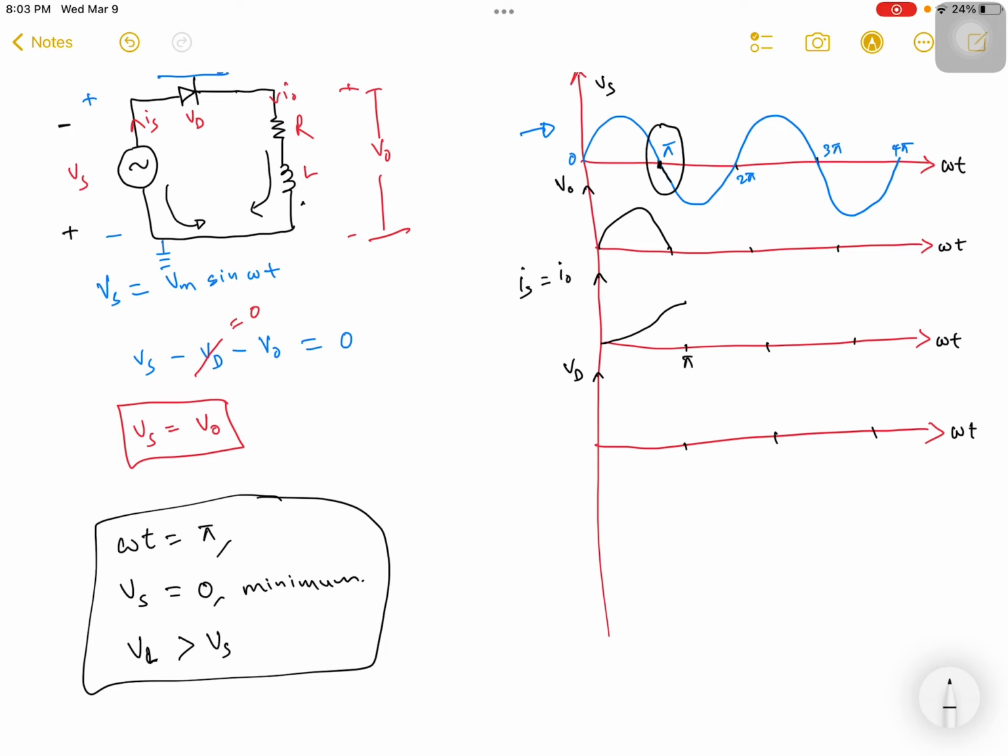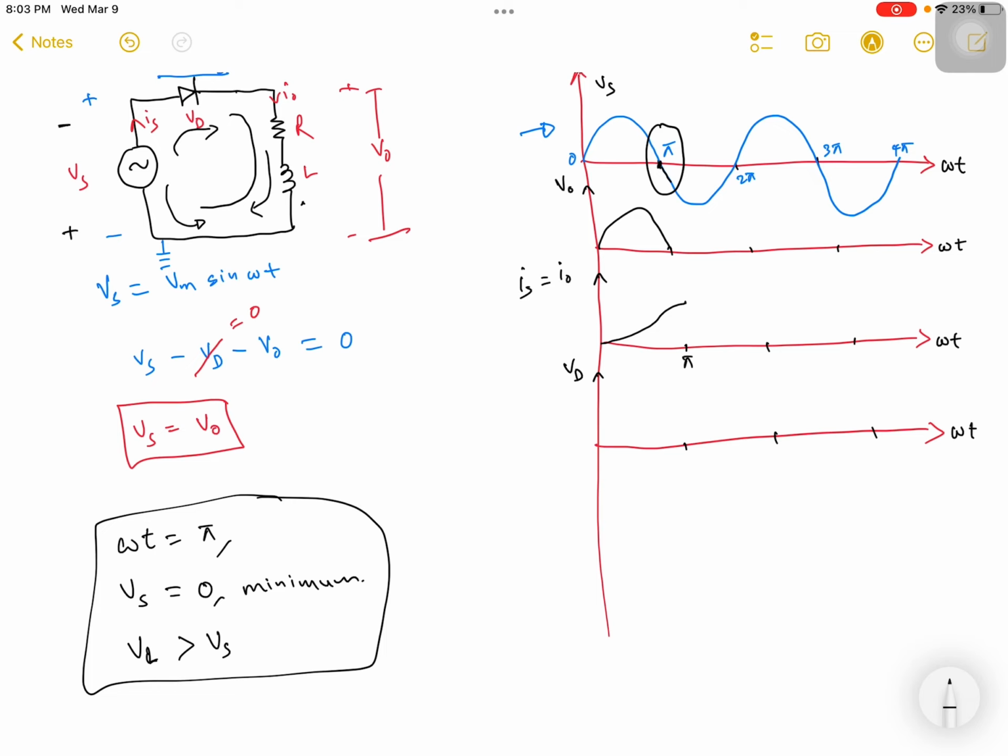Or you can also say that somewhere in this period your inductor voltage is more, which means the inductor is still going to drive the current through the supply source and then through the diode until the charge stored in the inductor is equivalent to or less than the input voltage.